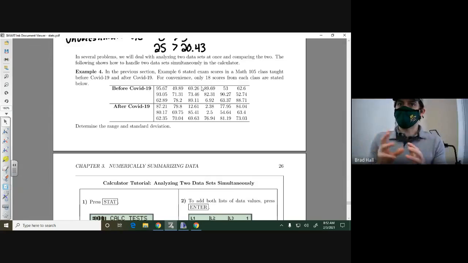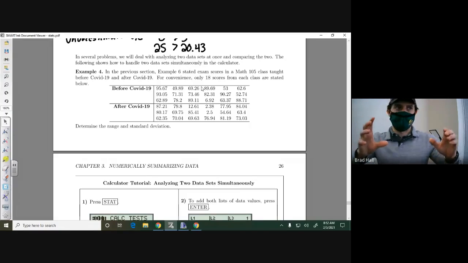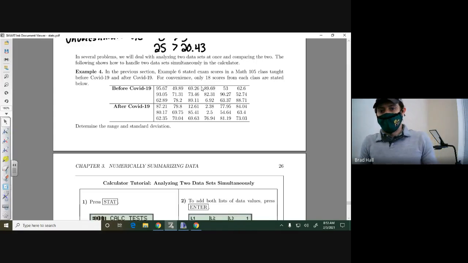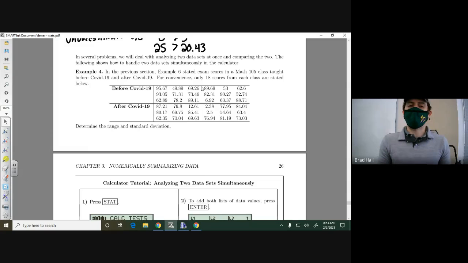So these are two different data sets that we're just going to compare side by side. And we're going to determine the range and standard deviations of these. Now, you could put one data set in and figure out all those values, but my math lab's going to alternate a lot. So you'd have to do one, erase that, do the other, and then you realize, oh wait, now it wants me to go back to the original.